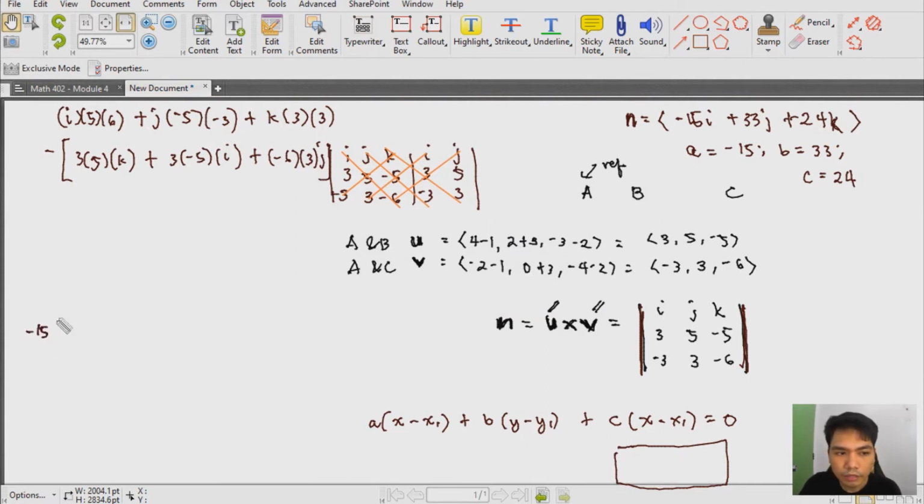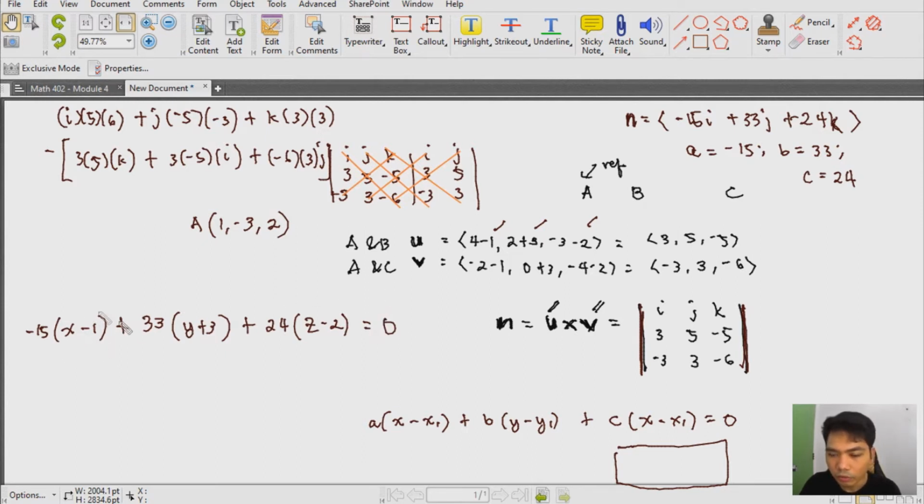That's negative 15. Let me change sheets. So we have negative 15 times x. What is our x sub 1? Our reference values are negative 1, 3, and negative 2. Actually, that's positive 1. Our point A is 1, negative 3, and positive 2. So that's x minus 1, and then plus, what is b? 33 times y plus 3, and then plus 24 times z minus 2, equal to 0.